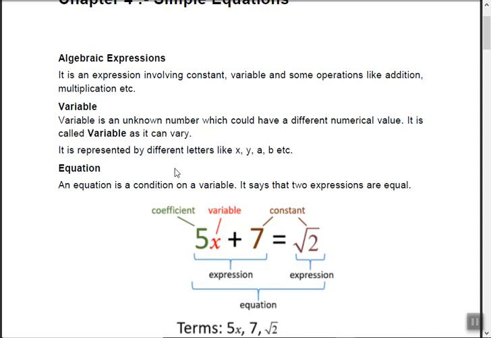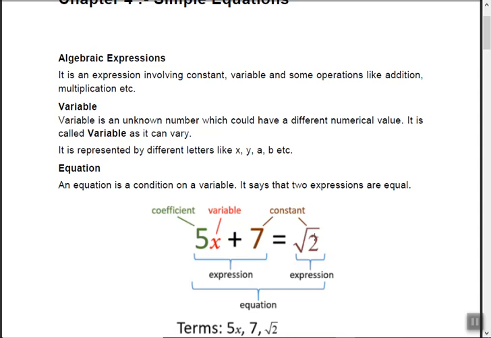Okay, let's move on. What is a variable? A variable is an unknown number which could have a different numerical value. Means what? See this, 5x plus 7. This is an expression, and x is a variable, 5 is a coefficient, 7 is a constant. So this x can have many values.